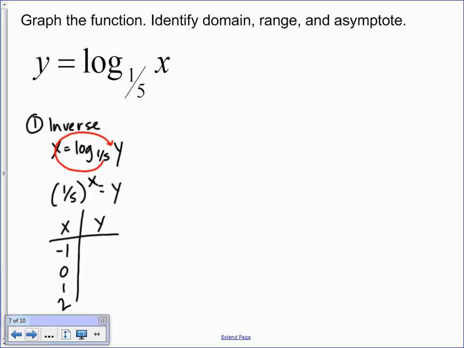We have a fraction base, so when we flip it with the -1 exponent, it will become a regular number 5. 1/5 to the 0 will be 1. 1/5 to the first is 1/5, and 1/5 squared is 1/25. So those are getting smaller.